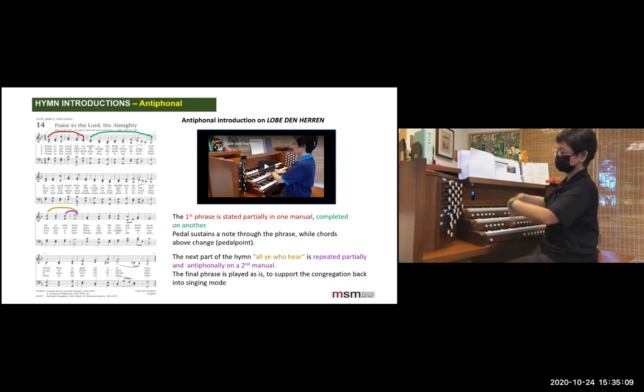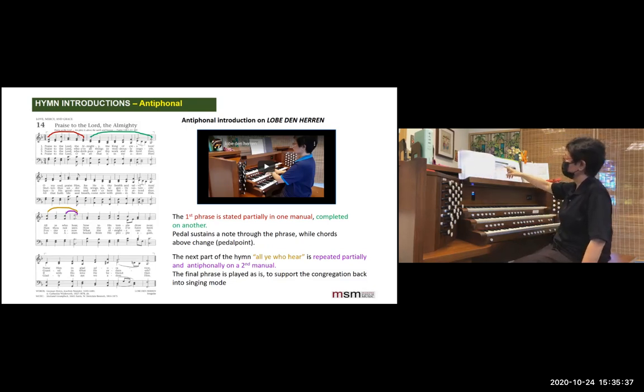So the organ sound seems to have big space, because in the northern German churches and some Dutch churches, the space was so big that the organ sound could seem to come from different places. So that kind of thing, when the borders open up, go back to Europe and have a look when they have an organ recital going on. But here we just pretend that we can do it, and maybe it's more interesting for a congregation. So now I recorded myself playing an antiphonal introduction on this Praise to the Lord.